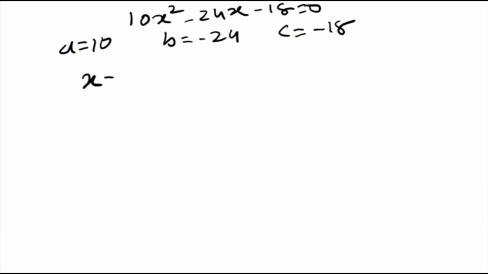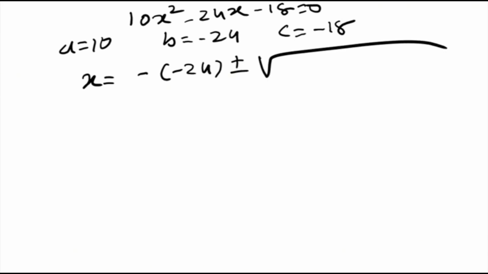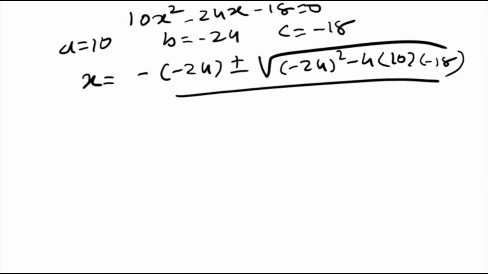So x is equal to minus (minus 24) plus or minus square root of (minus 24) squared minus 4 into 10 into minus 18, over 2 into 10. Put these values into the calculator. We are getting x is equal to 3 and another value of x, minus 3 over 5.